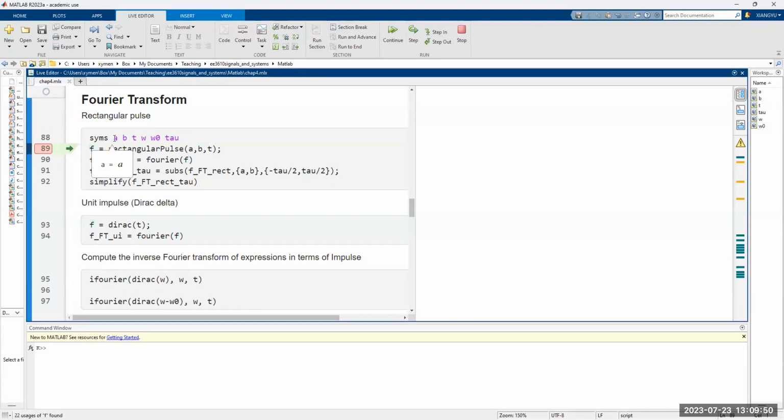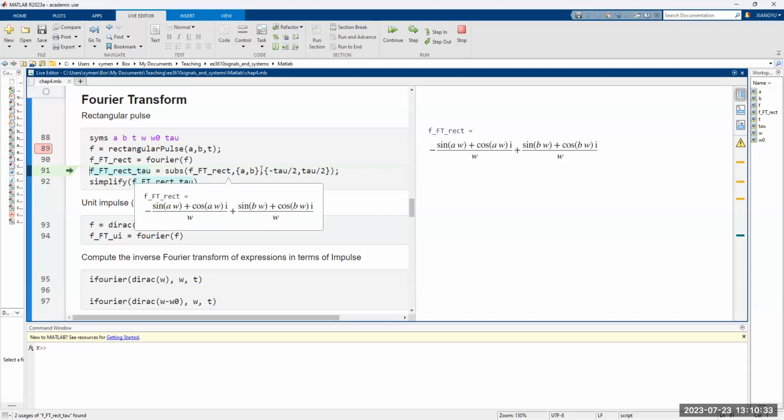First, let's define symbols A, B, T, omega, omega0, and tau. Let's define the rectangular pulse function parameterized by A, B, and T. Then the Fourier transform of the rectangular pulse is this one: negative sine A omega plus cosine A omega times i over omega, plus sine B omega plus cosine B omega times i over omega.